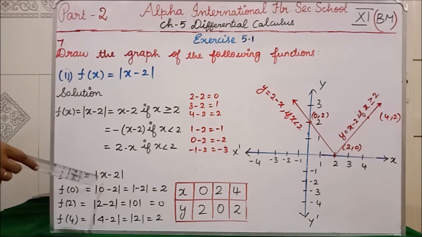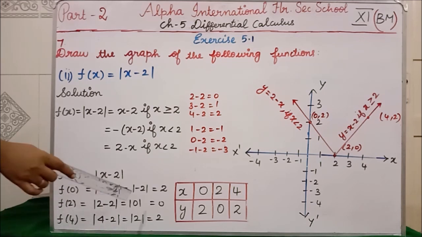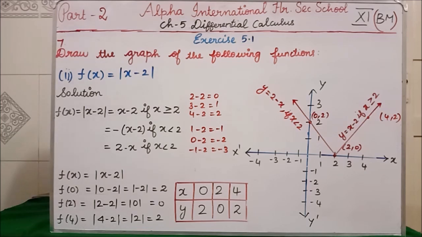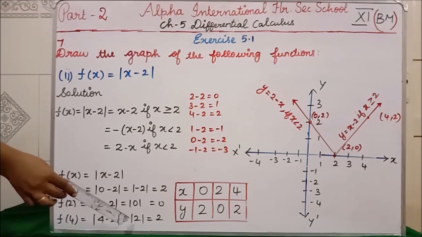So in the place of x I put 0. 0 minus 2 is minus 2. You all know that inside the modulus, if you get a negative value, it becomes positive. So it has become positive 2. Then give positive 2 instead of x. So 2 minus 2 gives modulus of 0, which is again 0. f of 4: 4 minus 2 is 2.